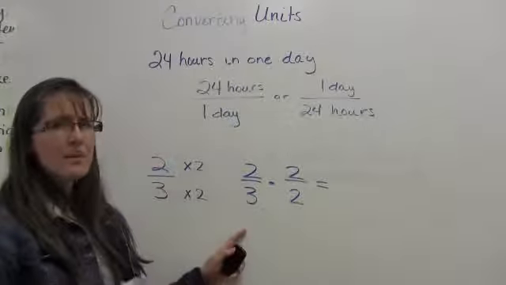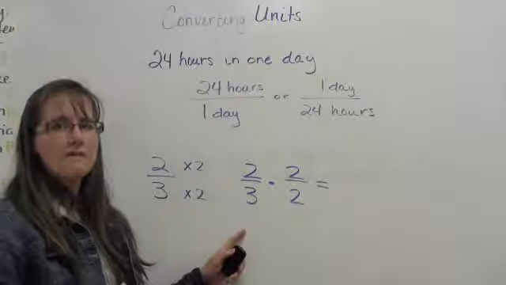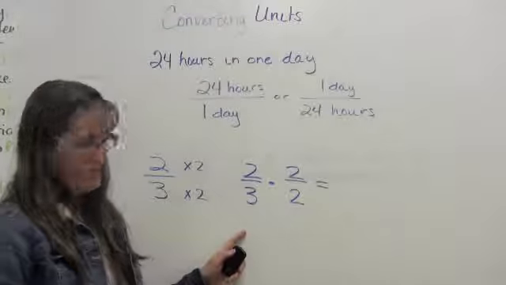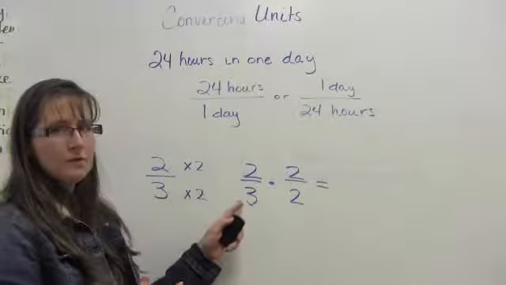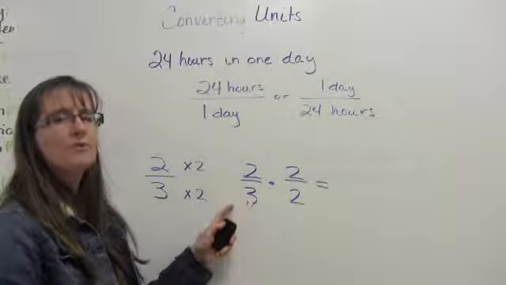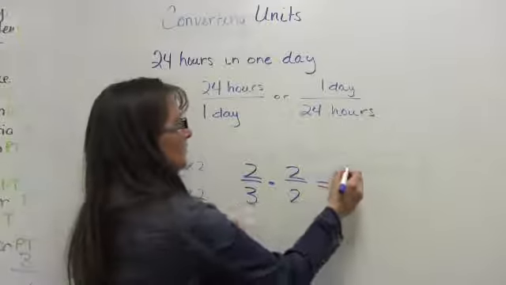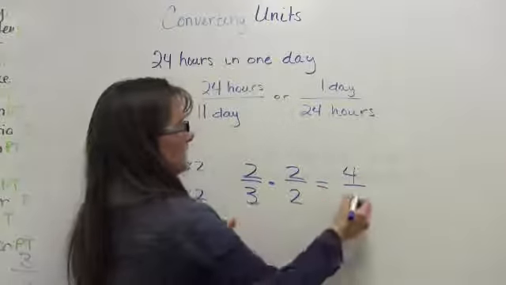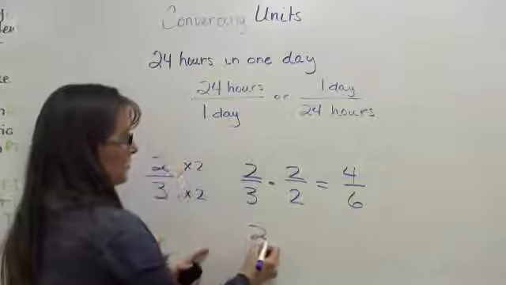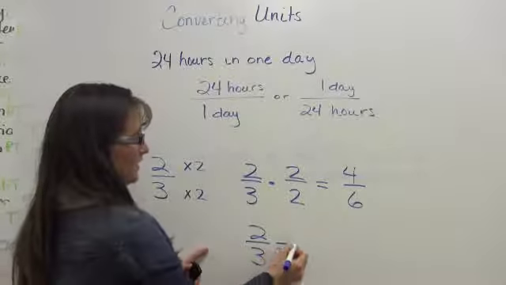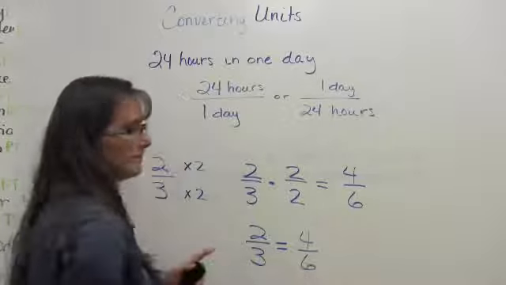By doing this, I'm not changing the value of 2/3. All I'm doing is changing the way it looks. So 2 times 2 is 4, and 3 times 2 is 6. So I'm saying that 2/3 is equal to 4/6.